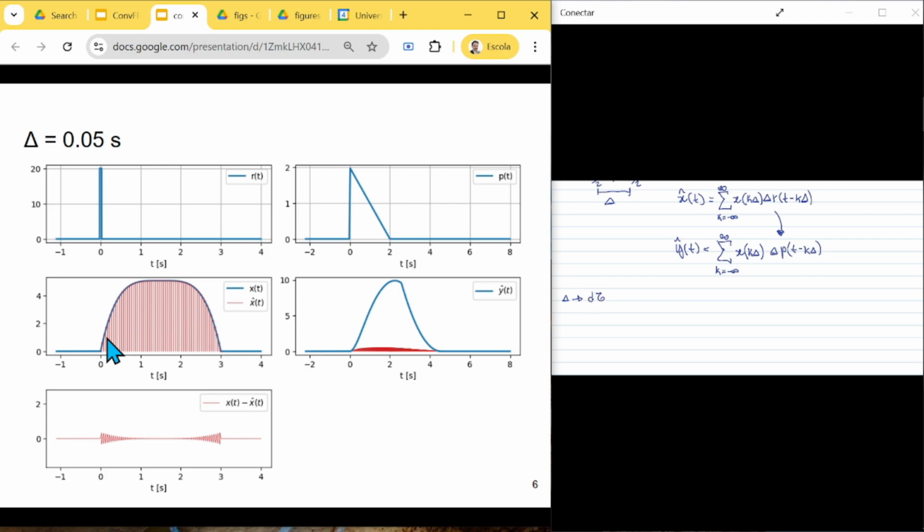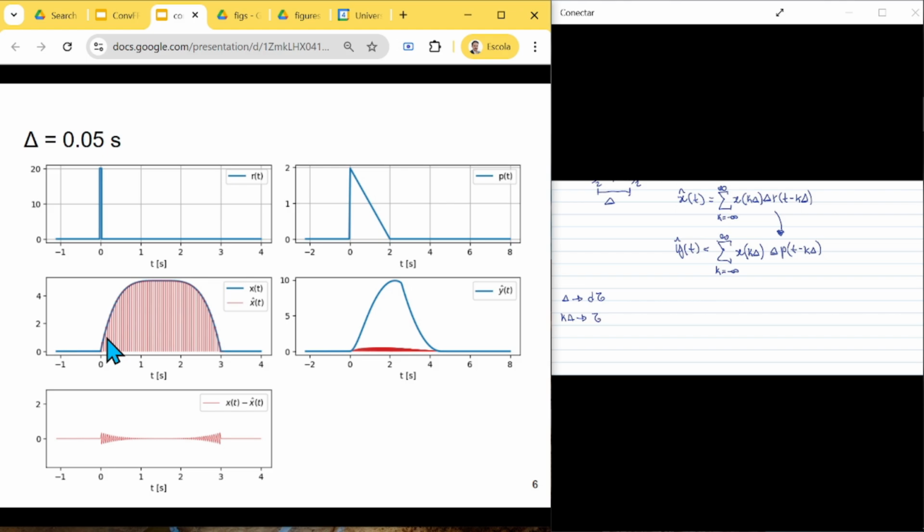We could call it dt, but let's call it d tau because t is already being used inside the equation. So let's use tau as an independent variable here. What else? The k times delta is tau.